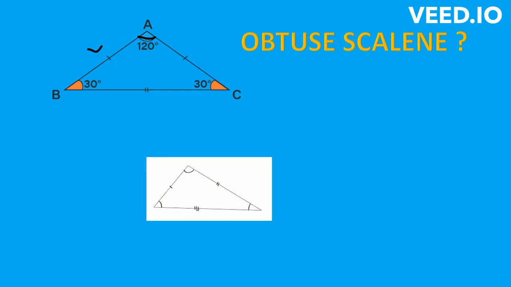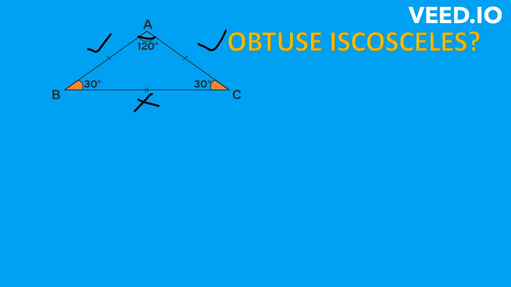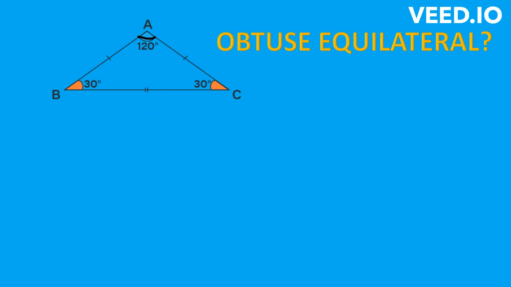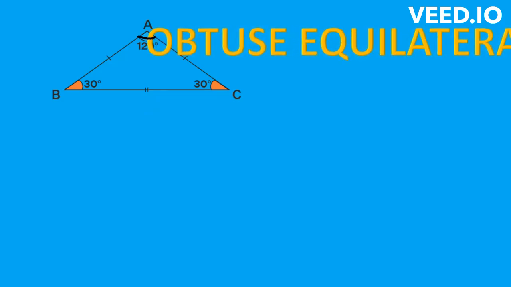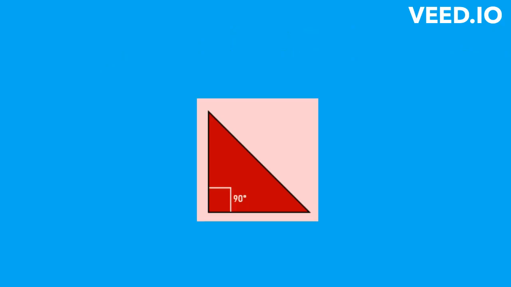But here, in our case, look at the sides. Two sides are same, two sides are equal, and the third side is different. So, this should be an obtuse isosceles triangle. Is it an obtuse equilateral? No, we can't have obtuse equilateral.